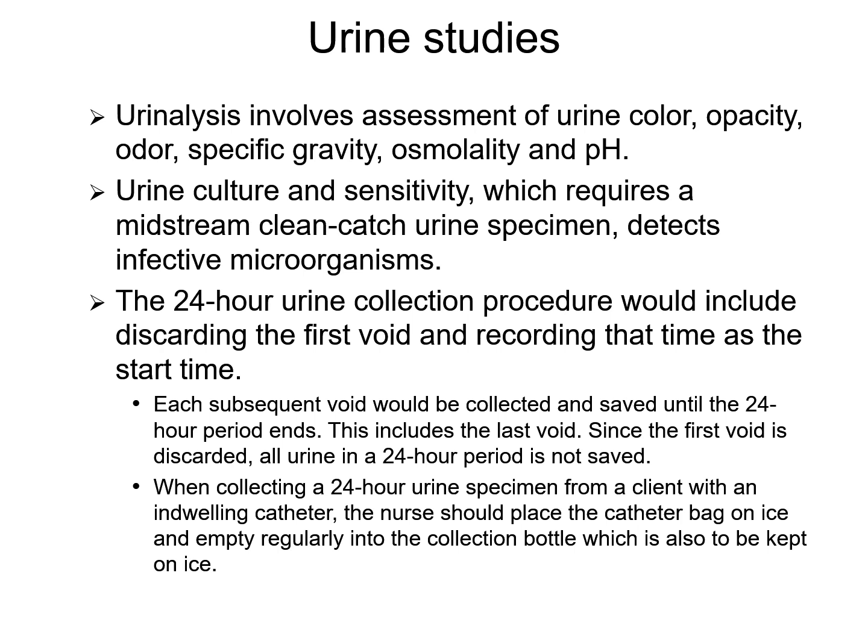Since the first void is discarded, all urine in a 24-hour period is actually not saved. So when you're collecting a 24-hour urine specimen from a client with an indwelling catheter, you have to put that on ice, and you have to empty it into a collection bottle, which is also kept on ice. So that's how that works.